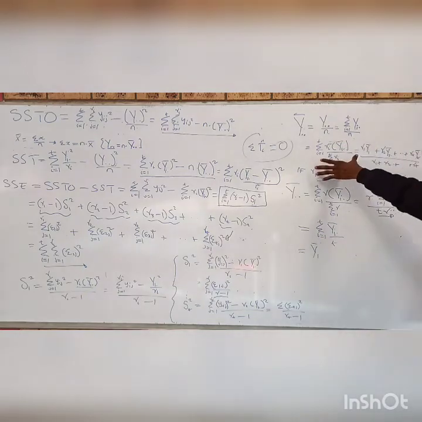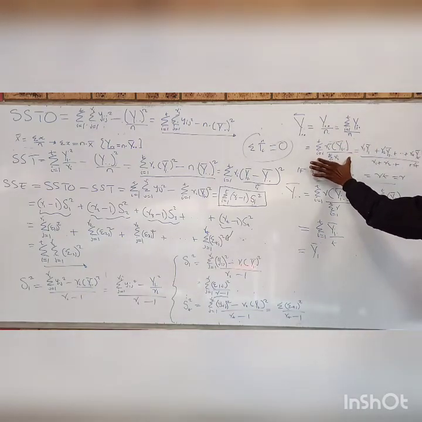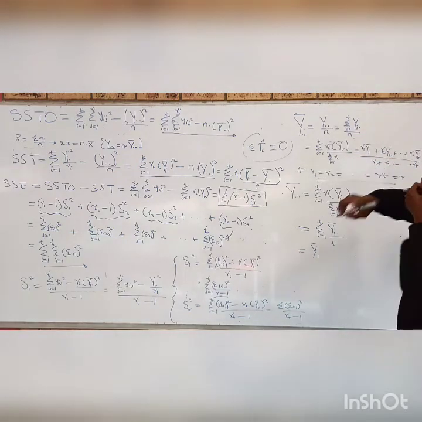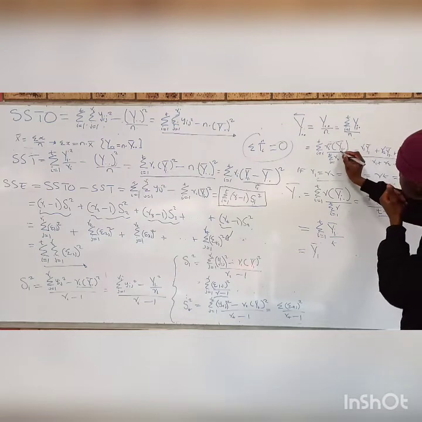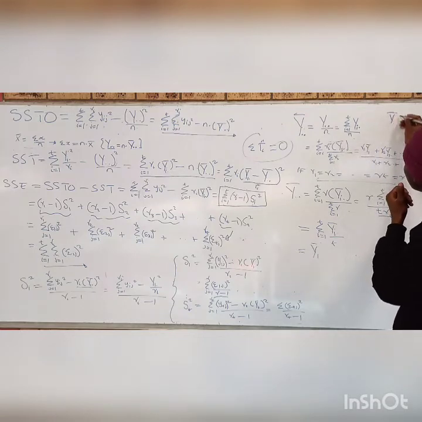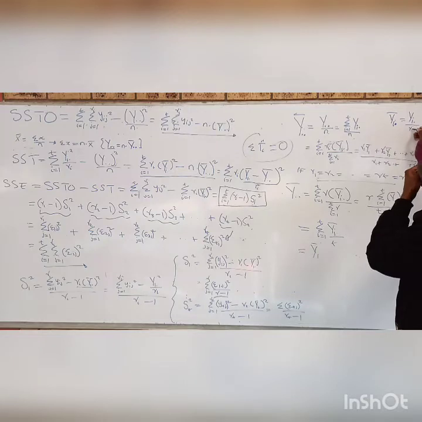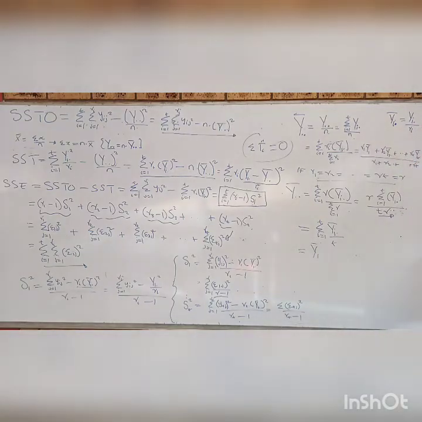If you remember about the mean, it means that y bar i dot is the same as y i dot over ri, since it is for each treatment. It's not n, it's ri, since it's r for each treatment.